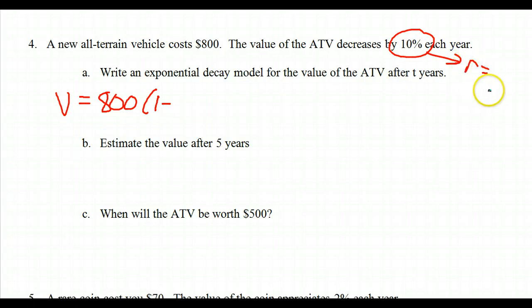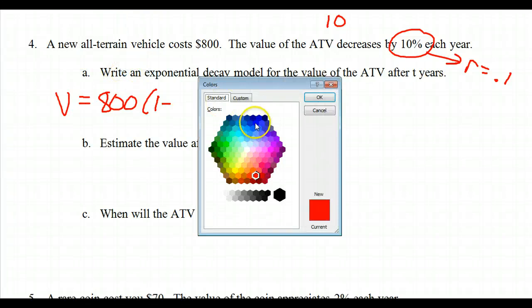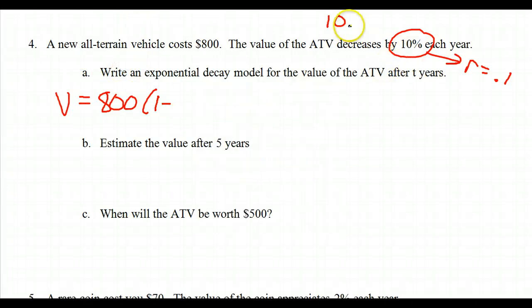That translates into a decay rate of 0.1. Again, I took that 10% and saw the invisible decimal point right here, and I have to move 2 times to the left. So that's where I'm getting 0.1 from. So it's going to be 1 minus 0.1 in that case.